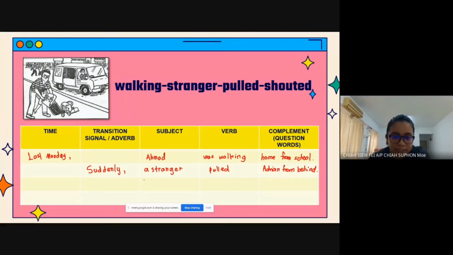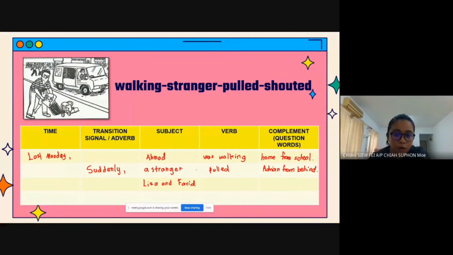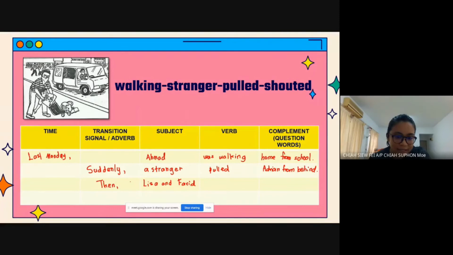So, Lisa and Farid. Teacher, then. Yes, then in the front also. But then we must put it at the transition signal. Then. Okay. Then Lisa and Farid. Okay, what did they do?